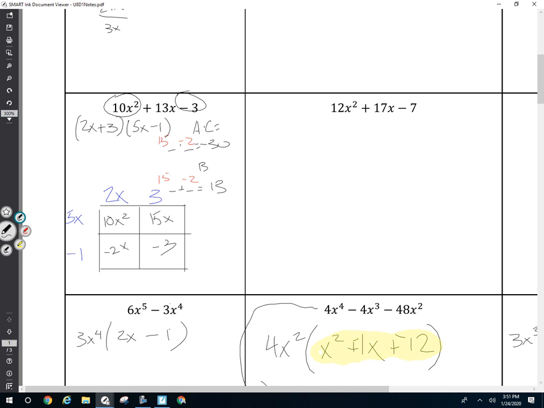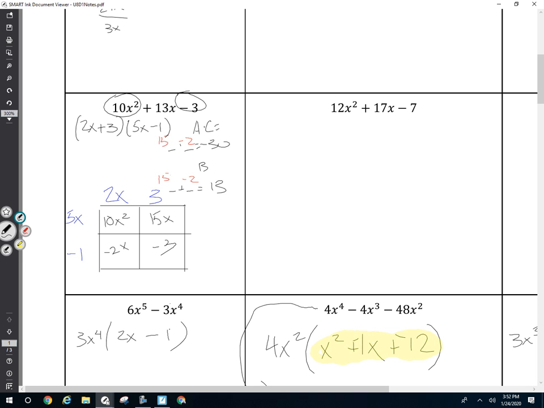So all you did was multiply a times c. It is necessary, kind of in the reverse distribution of things. You have to work in this 2 times the negative 1 and the 3 times the 5. And the way to reverse that with your number puzzle is to do a times c as the number to multiply to get to, and b still stays the number you need to add to get to.